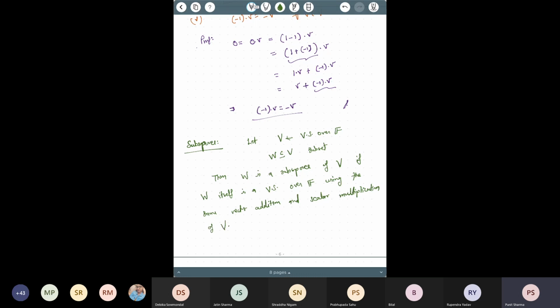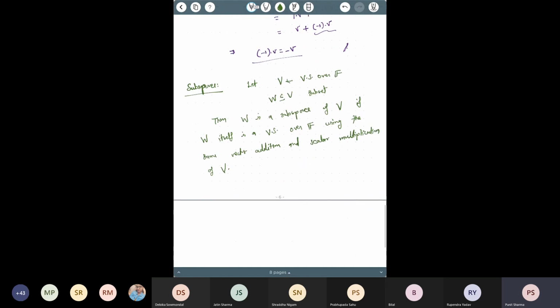Okay. So before I give you an example, I want to state one result. This is a very simple result which you can prove yourself, and then using that result we will see some examples of whether a given set is a subspace of a vector space or not. So W is a non-empty subset; we are just saying any subset, we are not mentioning anything else here.